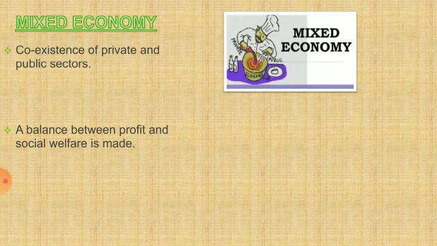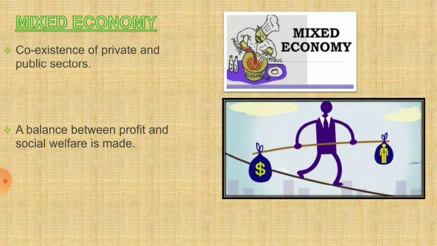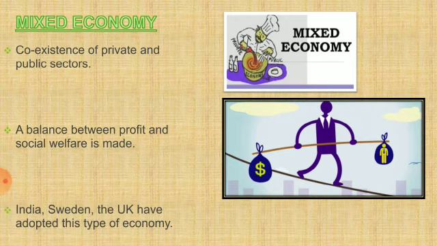Now, a balance between profit and social welfare is made in this type of economy. Now, this economy is followed by India, Sweden, the United Kingdom. They have adopted this type of economy.